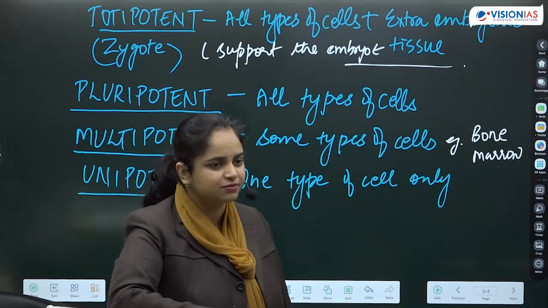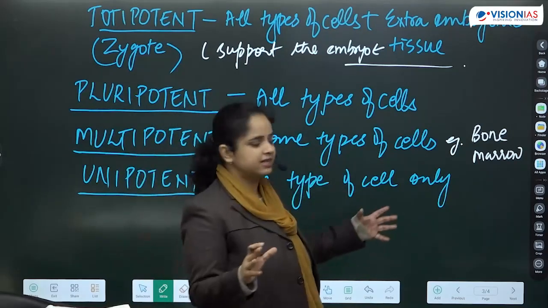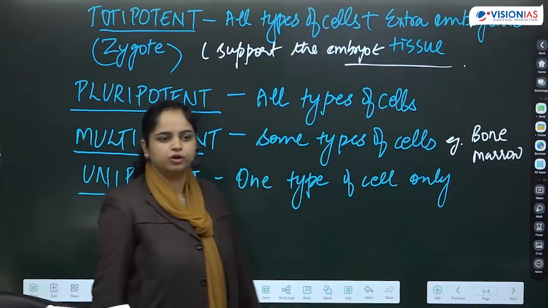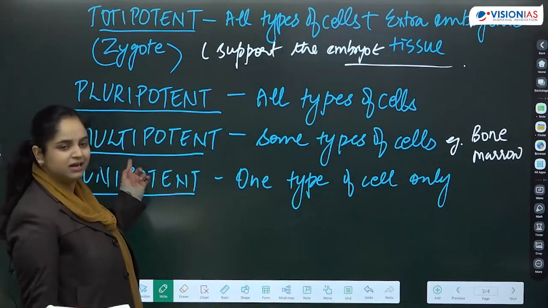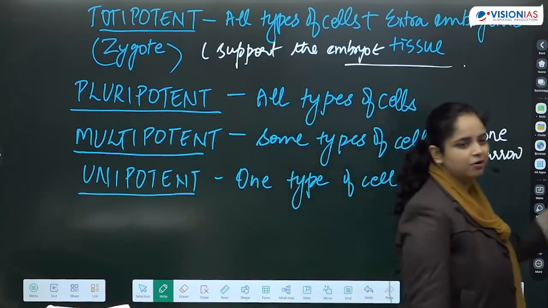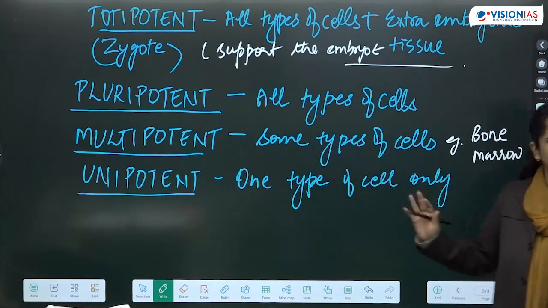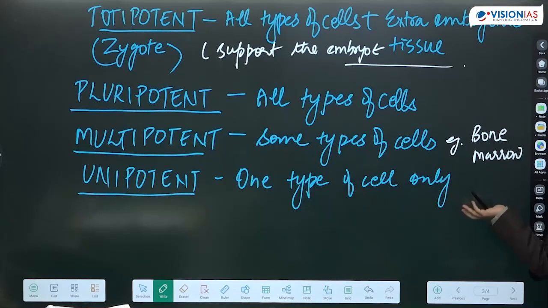You have 6 types further also there, right? So all of these cells the bone marrow will be able to create, making it multipotent. But this will not form muscle cell or brain cell or intestine का cell or any other type of cell. So there is a limitation also. That's why we are saying some types, and sometimes that is also fixed.